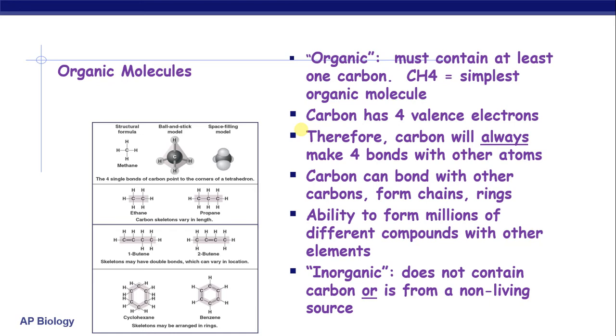There's also such a thing as inorganic. So if there's organic molecules, there's inorganic molecules, which means that it doesn't contain carbon, or it might contain carbon, but it's from a non-living, non-essential to life source.